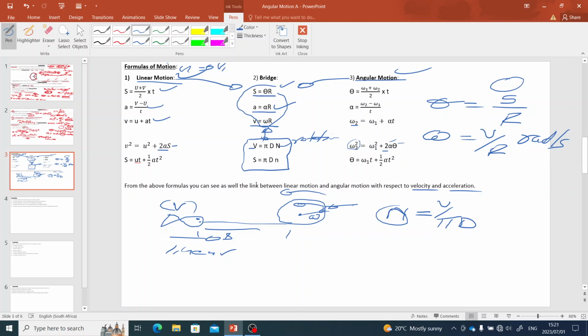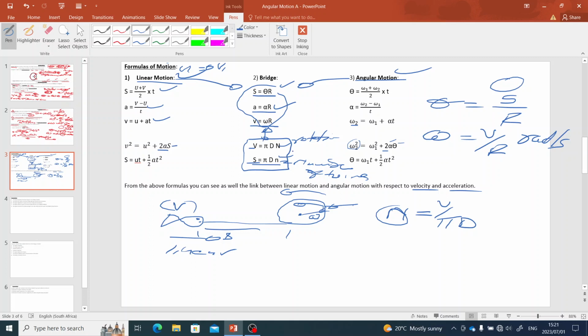Then another one is this one, in calculating the linear displacement while you are given the number of turns. Then you can use this formula. Or you can manipulate this formula and calculate the number of turns if they want you to calculate the number of turns, if you are given the linear displacement. Then you can use that formula.